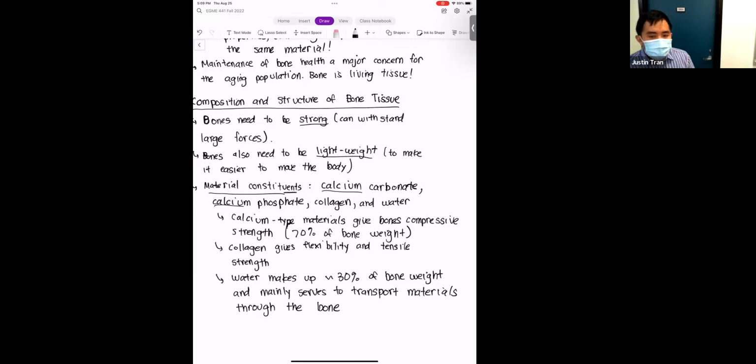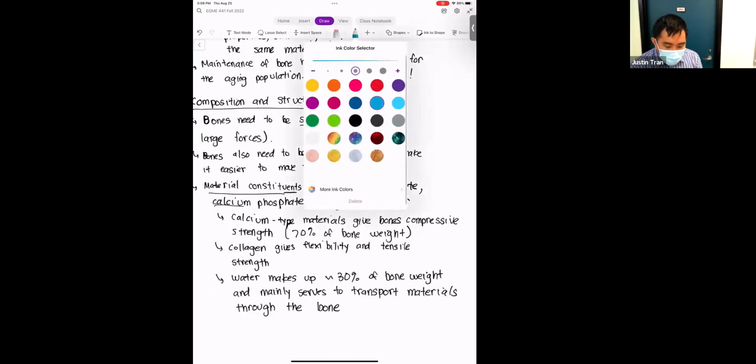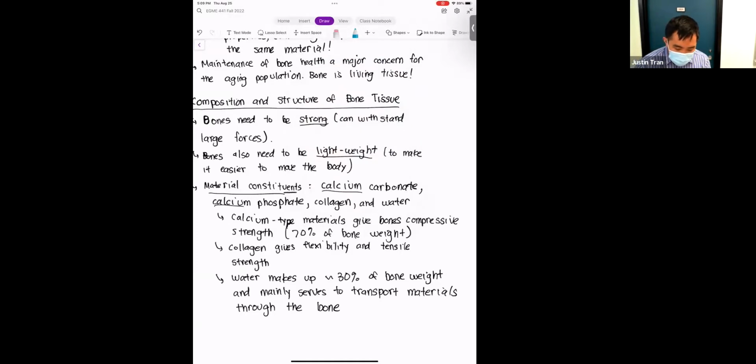And so all of these materials play an important role for the bone in a living person. What tends to happen if you extract a bone out of an organism that is dead is that a couple of things happen. One thing is that the bone very quickly dehydrates.